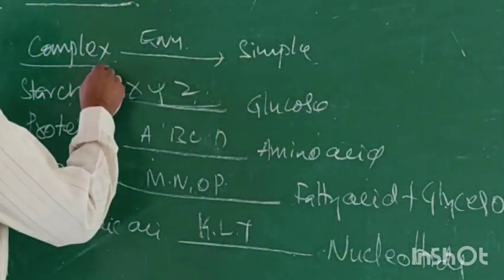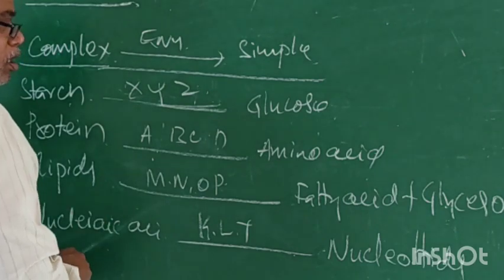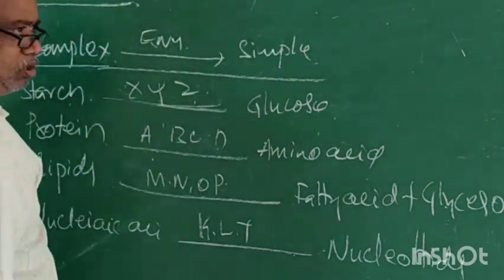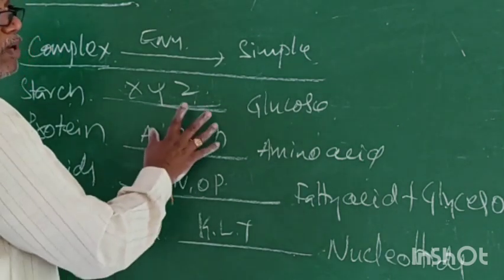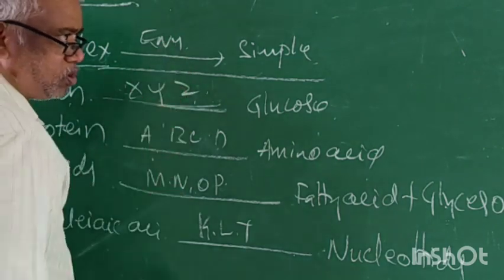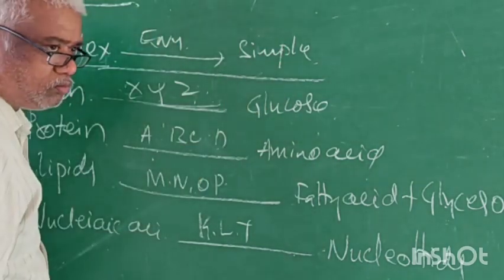Right. Now, it is common: the breakdown of complex into simple with the help of enzymes is called digestion. It is a chemical digestion. This chemical digestion requires enzymes. What is the complex? What is the simple?